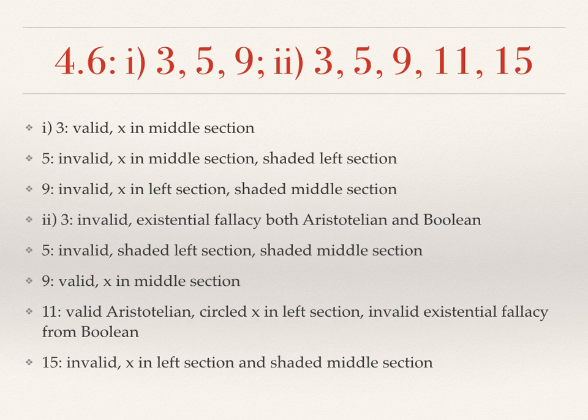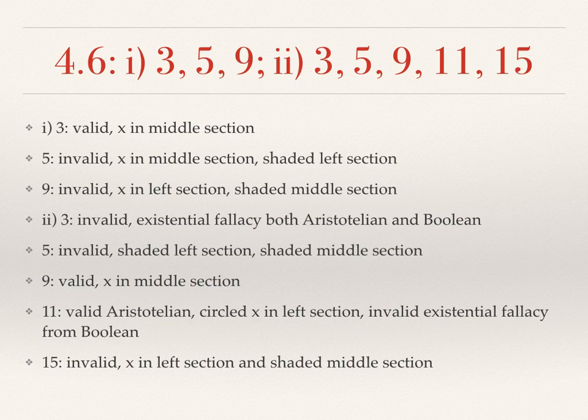So we have an X in the left-hand section, but to keep the Aristotelian point of view in mind, that X is often circled to say it's a conditional X, conditional on whether it actually exists or not. But Boolean, remember, we cannot infer the existence of anything from a universal, and so it's not valid from the Boolean. And 15 is invalid.